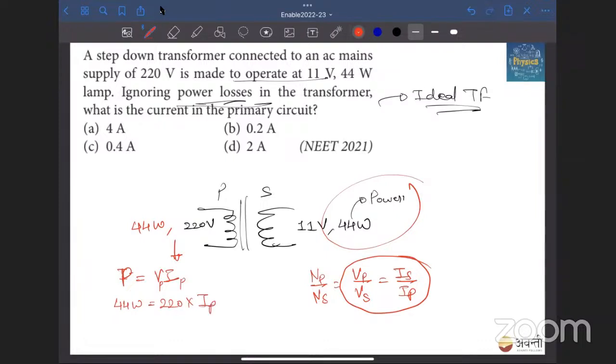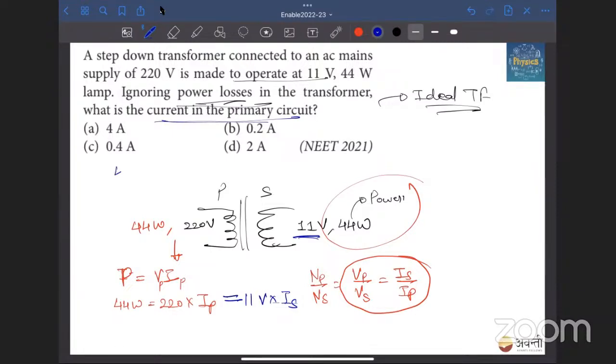Theek? Similarly, if I equate it on the right side, because both have the same powers, I can say voltage secondary, that is 11 volt, into current secondary, right? So we can either find primary or we can find secondary directly also. So the question is asking what is the current in the primary circuit, right?